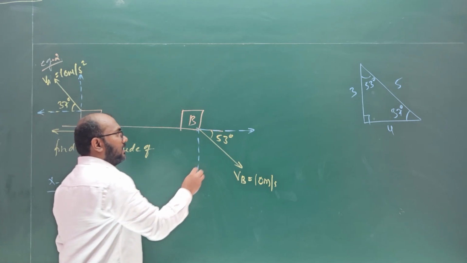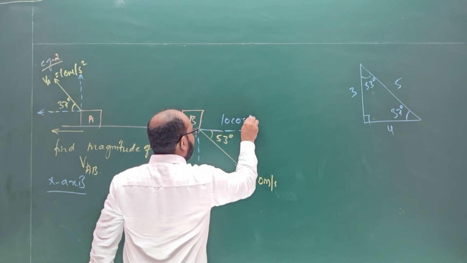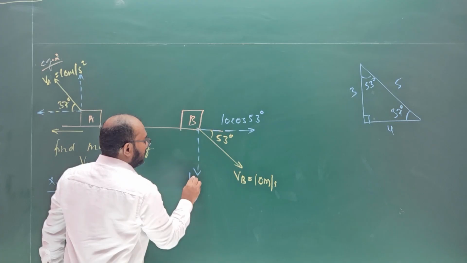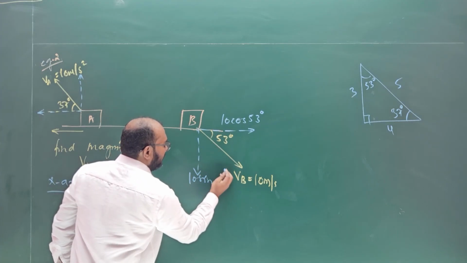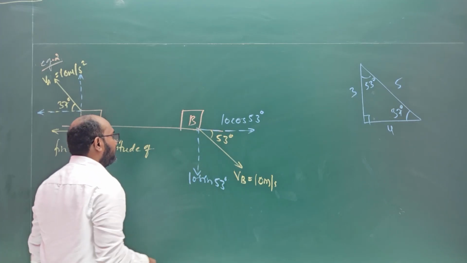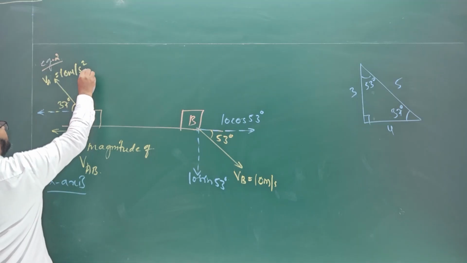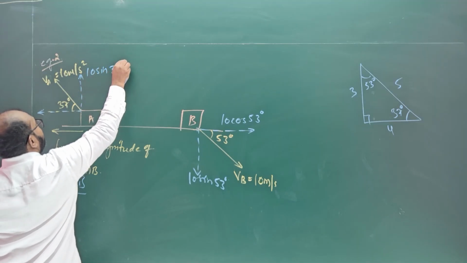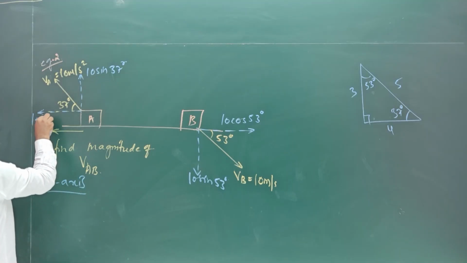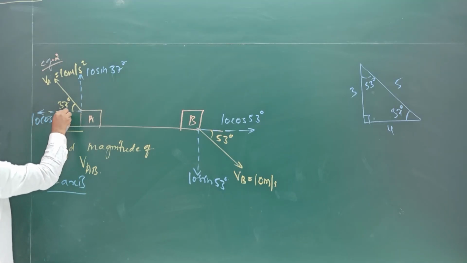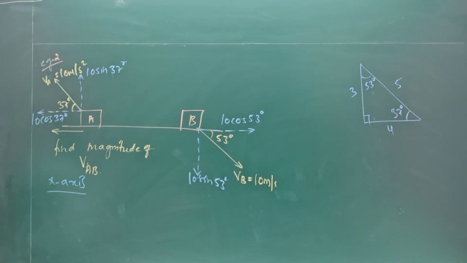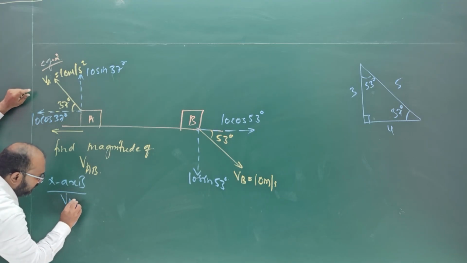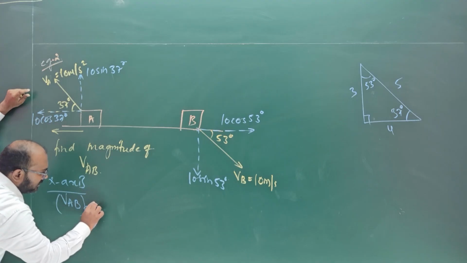Okay, so this becomes 10 cos of 53 degree and this becomes 10 sine of 53 degree. Similarly, this one becomes 10 sine of 37 degree and this becomes 10 cos of 37 degree. So who are in the x-axis? So VAB in x-axis I am writing here.